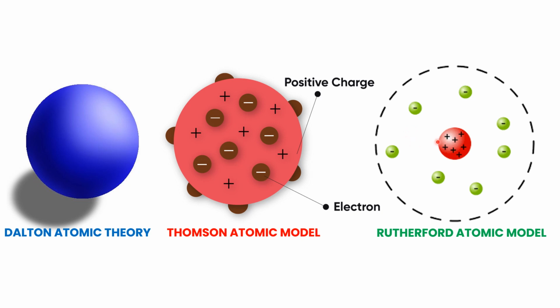According to Rutherford, an atom has a center, and the center of an atom is known as the nucleus. The nucleus of an atom consists of positively charged particles, and these particles are known as protons. Most of the space of an atom is empty, and electrons reside around the nucleus of an atom.